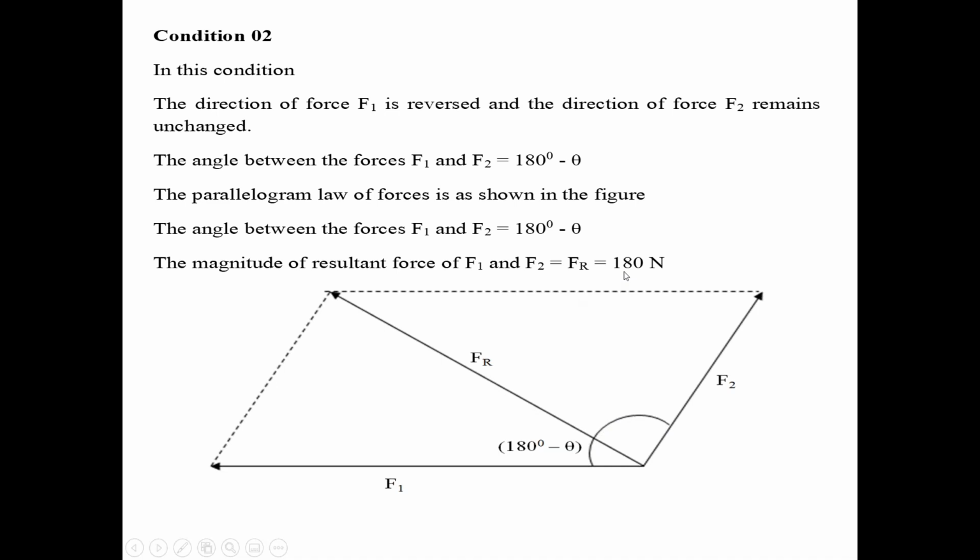Apply the parallelogram law in the second condition. According to parallelogram law, Fr is equal to root of F1 square plus F2 square plus 2F1 F2 cos of the angle between the forces F1, F2. Here that angle is 180 minus theta.